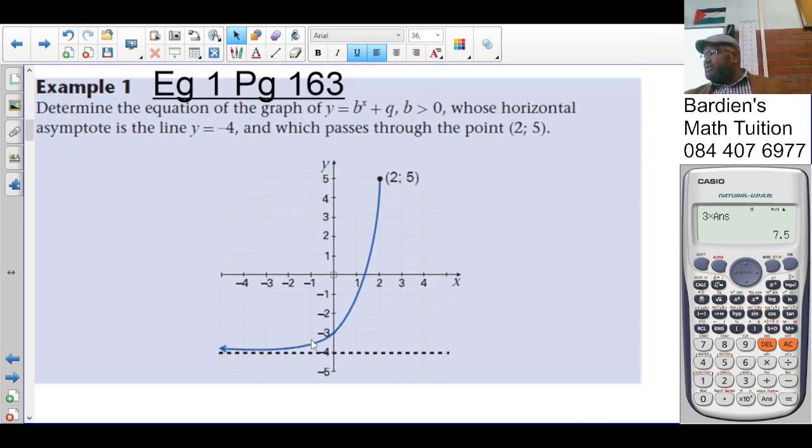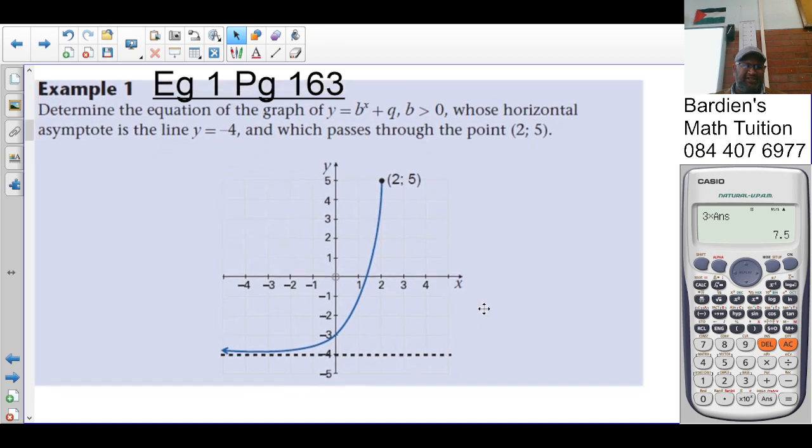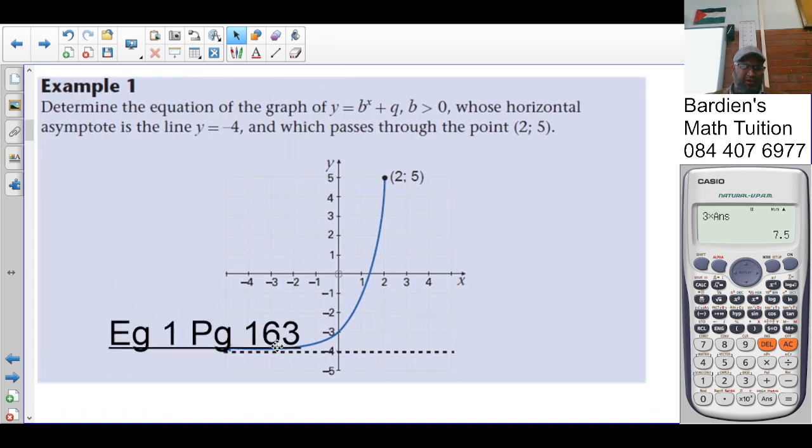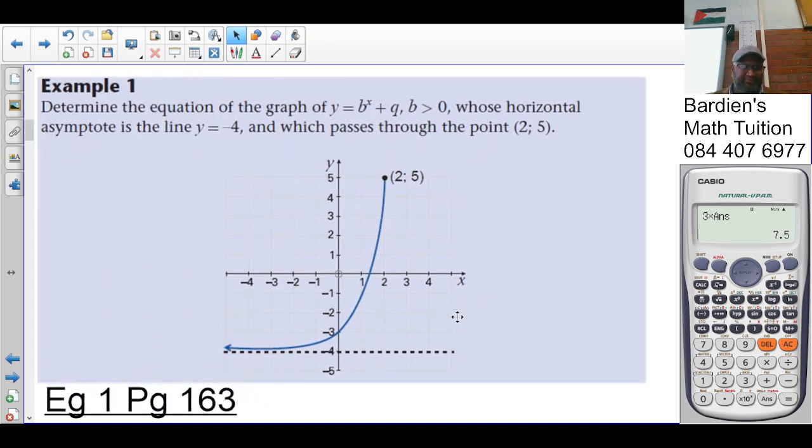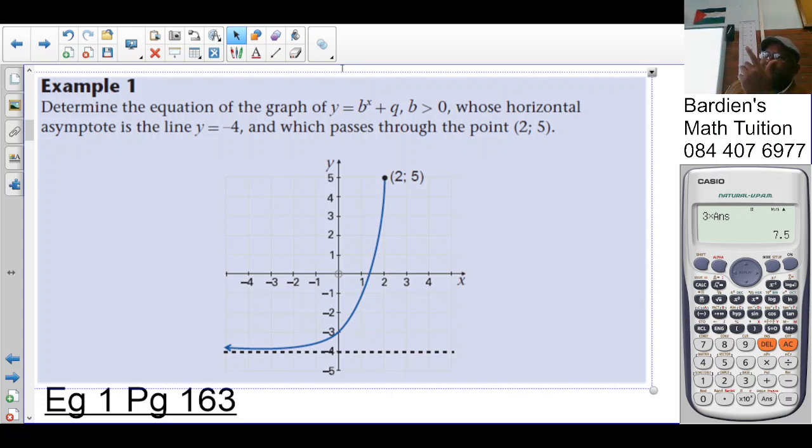Okay, so we're looking now at example 1 on page 163. We are told, determine the equation of the graph y is equal to a times b to the exponent x plus q, where b is greater than 0, but b can't be equal to 1.